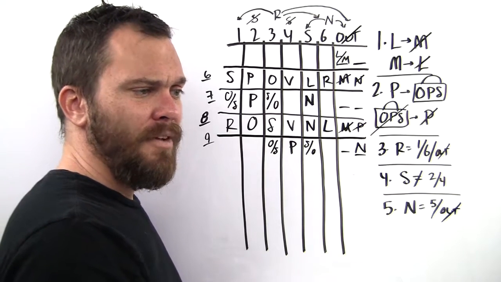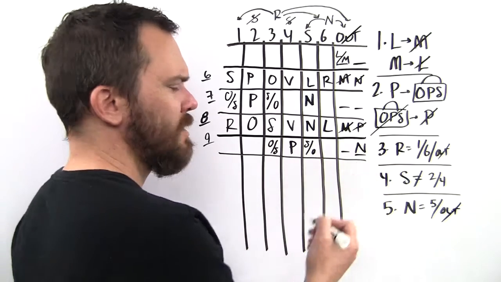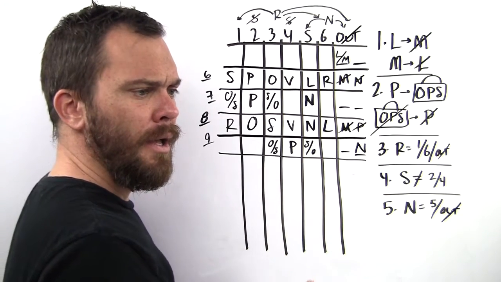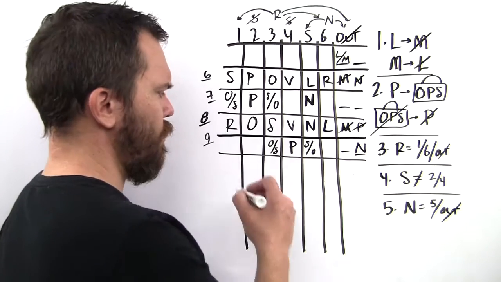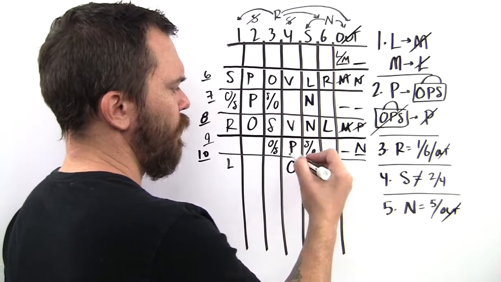Question 10. If L is in 1 and O is in 4. I like this game. A lot of these very directive questions telling me exactly what to do.